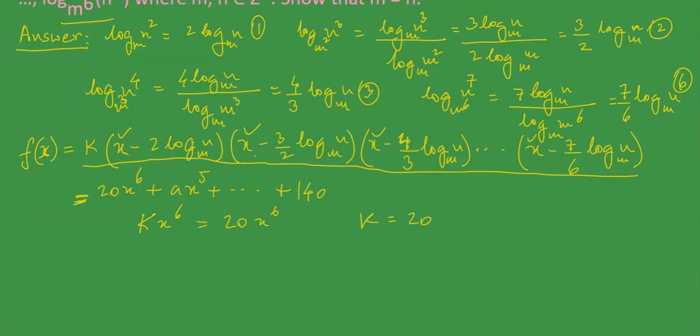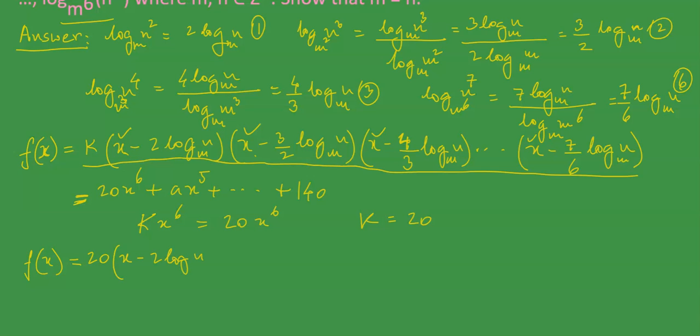Okay. So now we can modify this, and in place of k we can write 20 and the remaining things stay as it is.